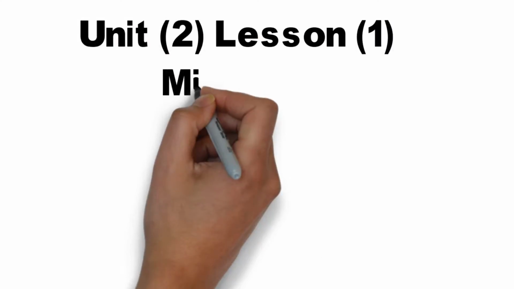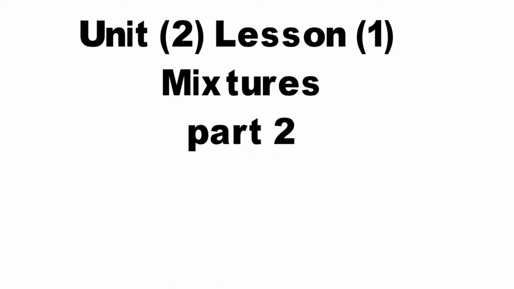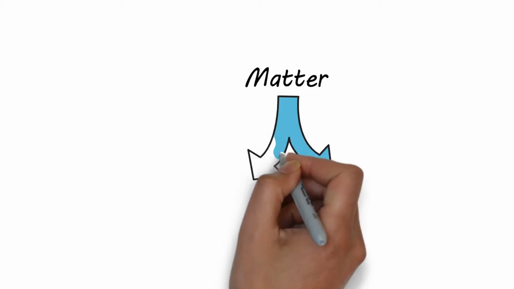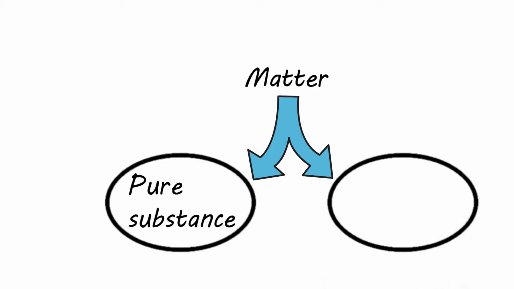Today we'll continue our study about Lesson 1, Unit 2, Mixtures, Part 2. Previously, we divided matter into two types: the pure substance and the mixture.